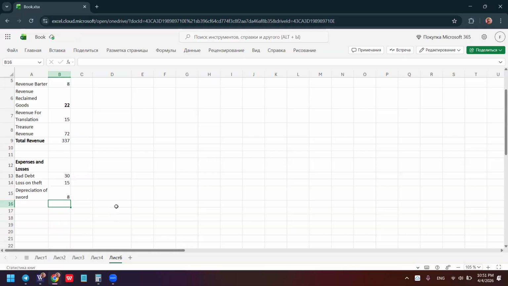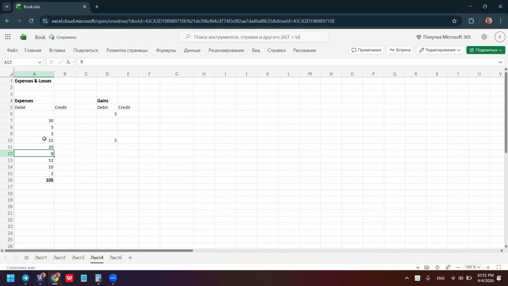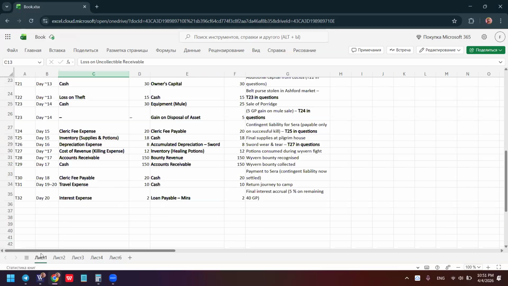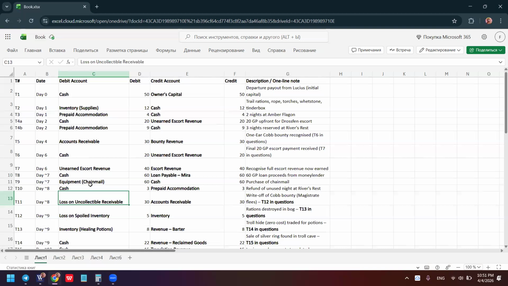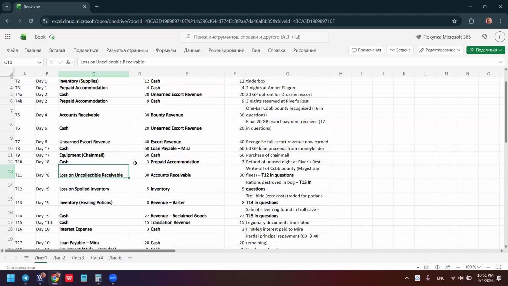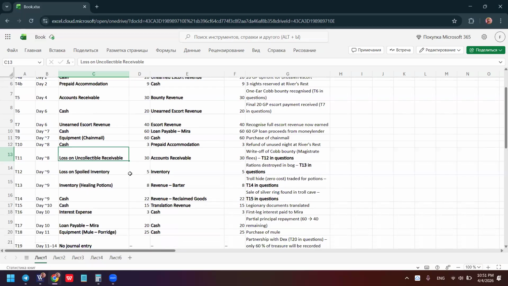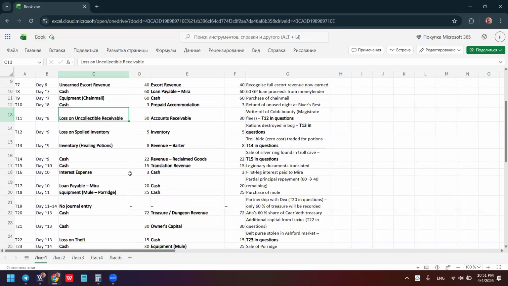And then we have the interest. If I'm not mistaken, this is this 3 and this 2. They are interest expenses. According to the story, firstly she paid off 3 and then 5 and then 2, or vice versa.